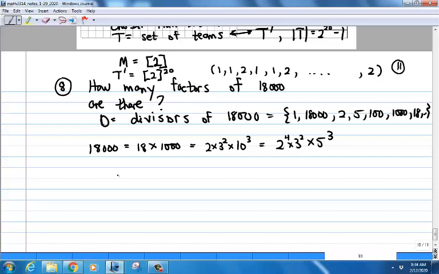So one divisor would be 2 to the 1st power, 3 to the 0th power, 5 to the 0th power. That's just going to be 2, which of course is one of the factors of 18,000. So by switching up the exponents in this prime factorization, you can eventually generate all of the factors of 18,000.